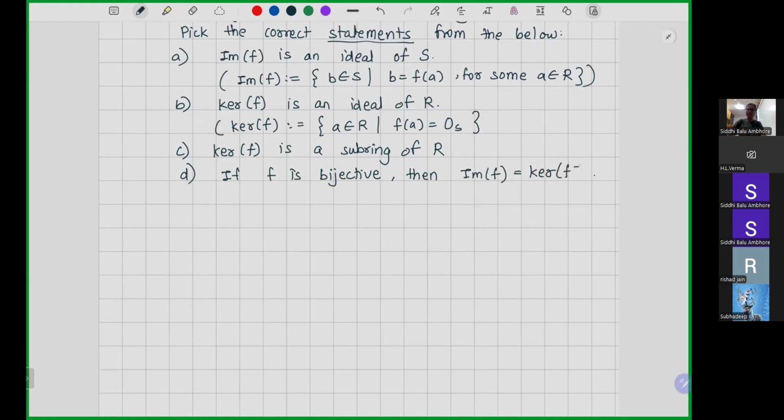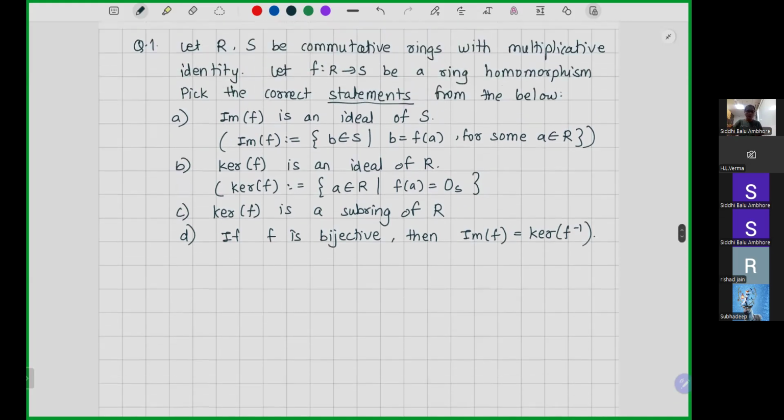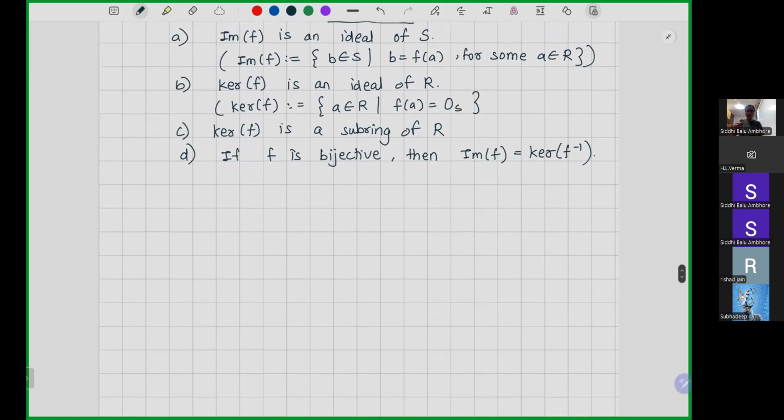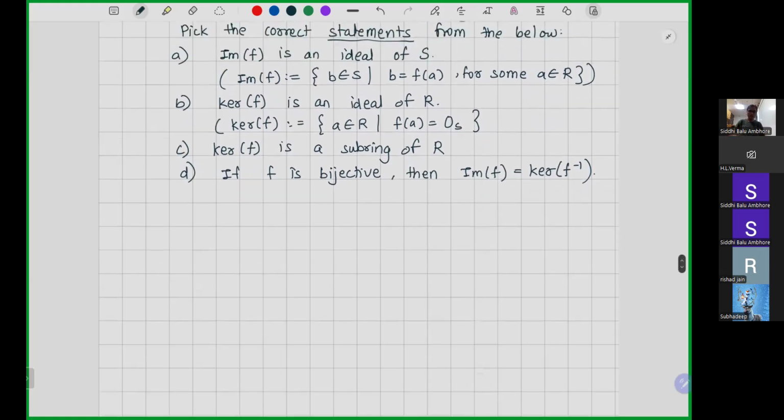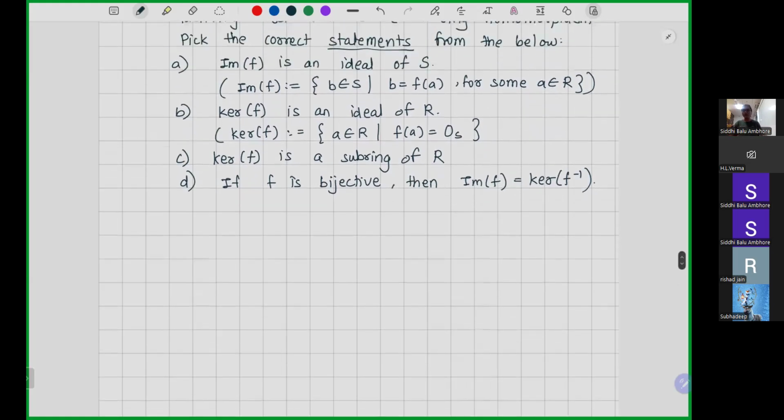So F is bijective, so F inverse exists. And what they are saying is that image F is the kernel of F inverse. Any guesses for this?